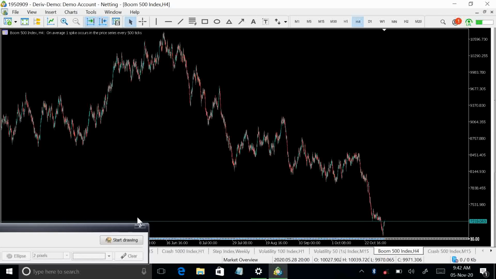So what is the support level? Support and resistance levels are the same as supply and demand. Okay, now what is the support level? Let's assume we have a trending market.